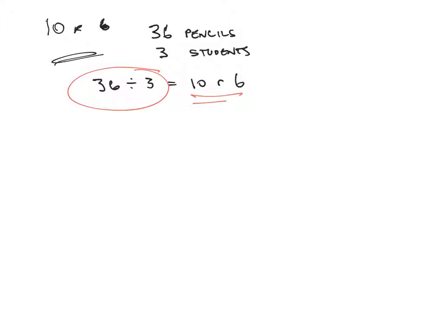This was a really common thing that some folks did. Because 36 divided by 3 is actually what, Jacob? 12. It's actually 12.